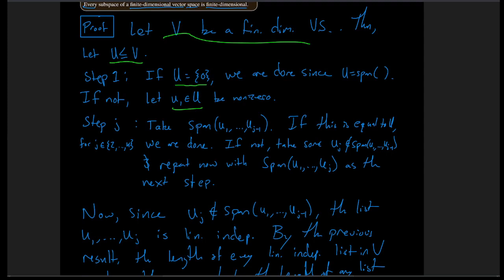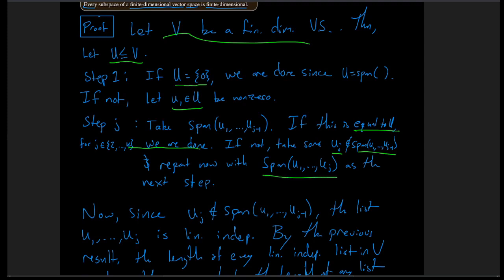We'll take the span of the previous vectors that we've used, and we'll see if this is equal to U. If it is, we are done, since now we've shown that U is spanned by a finite list of vectors, hence it is finite dimensional. If not, we'll take some uj that is not in the span of those vectors, and we'll repeat this.